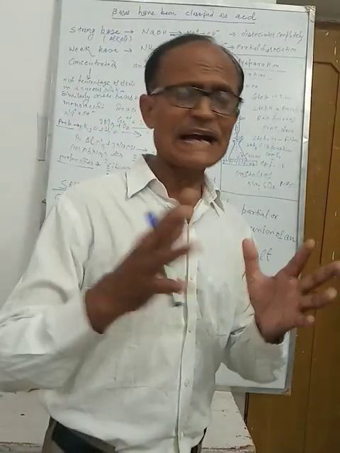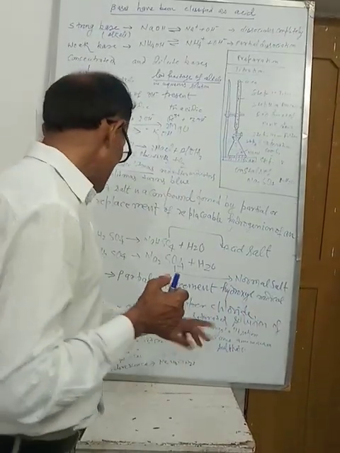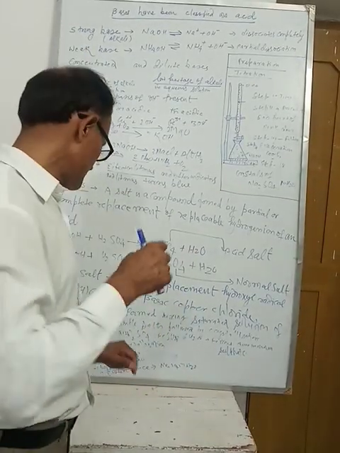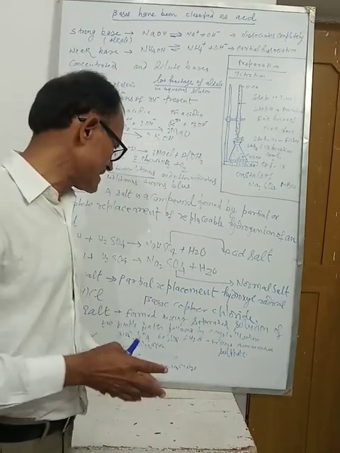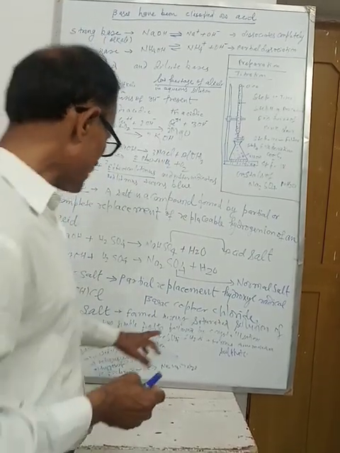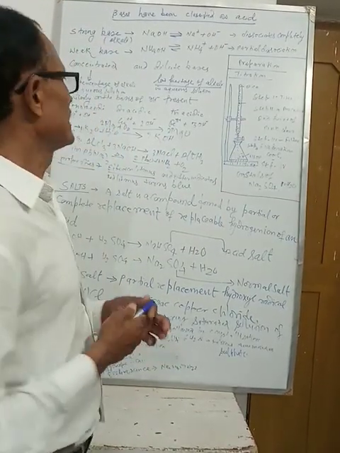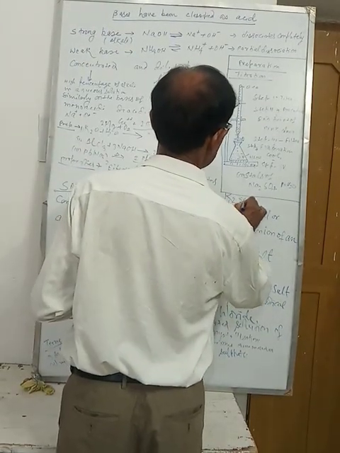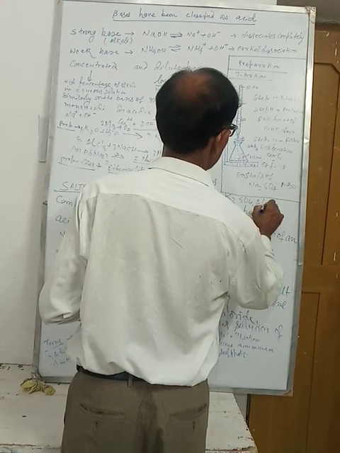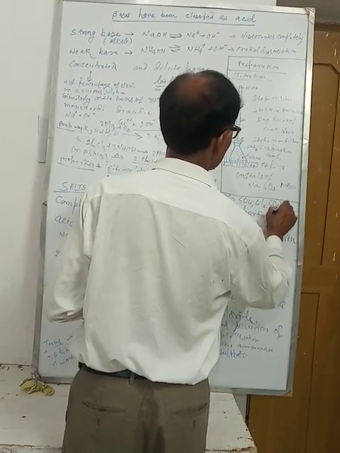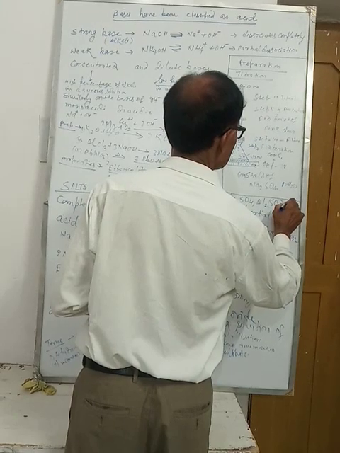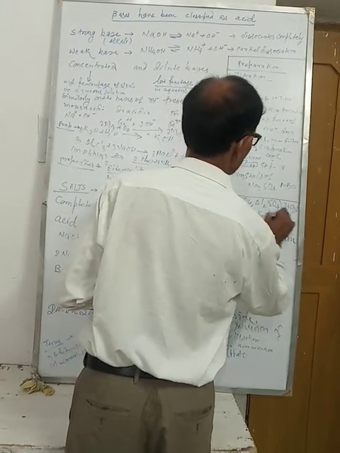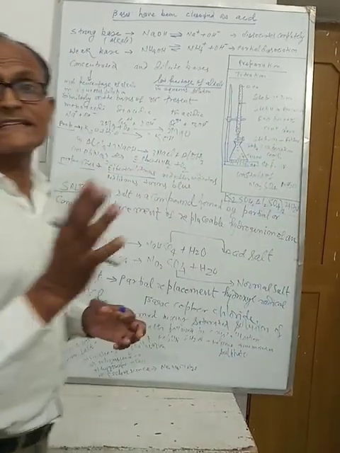We have another kind of salt called double salt, formed by mixing saturated solutions of two simple salts followed by their recrystallization. Like potassium alum, K2SO4, Al2(SO4)3, 24H2O.